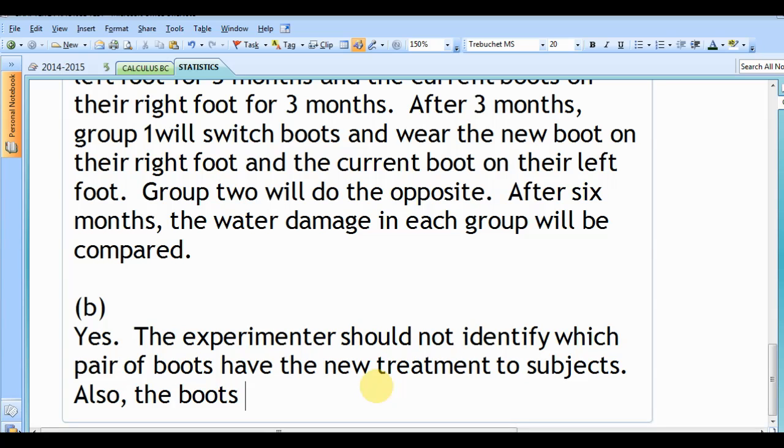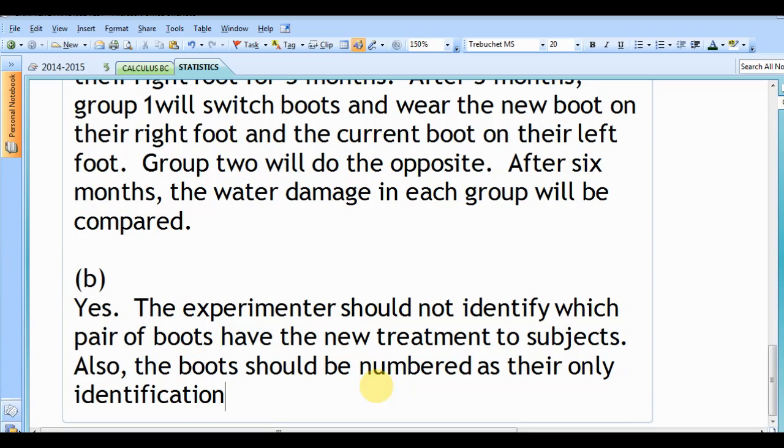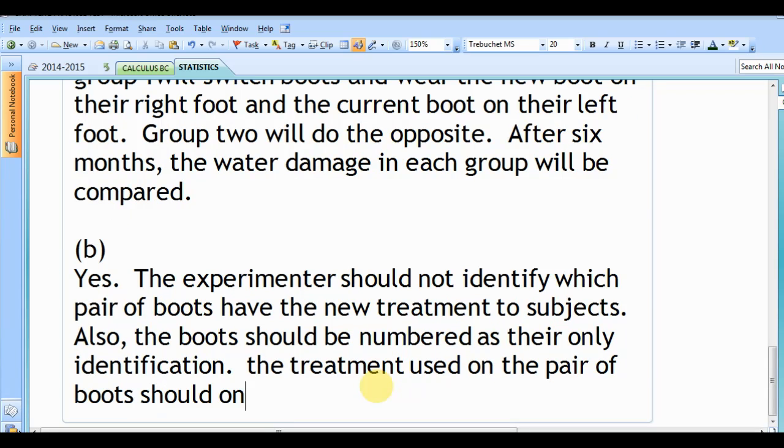The boots should be numbered, with the number as their only identification. The treatment used on the pair of boots should only be known to the researcher.